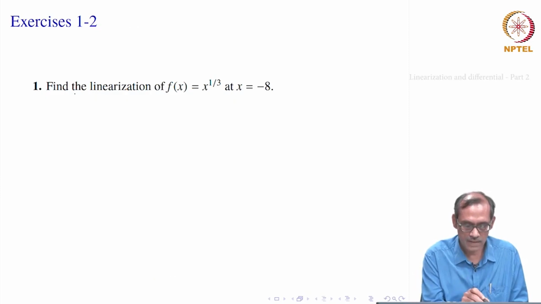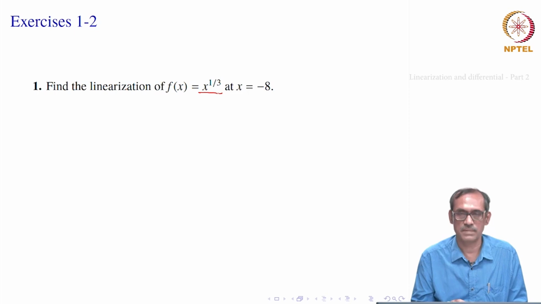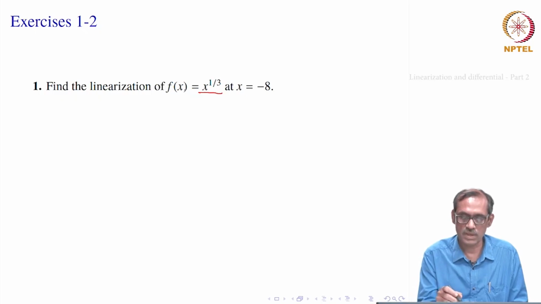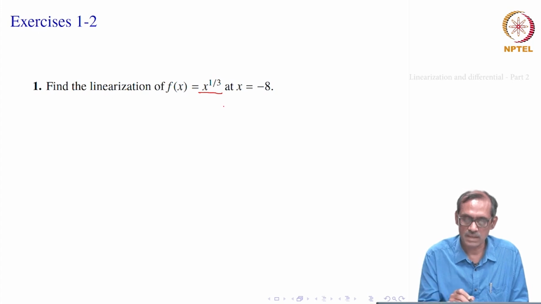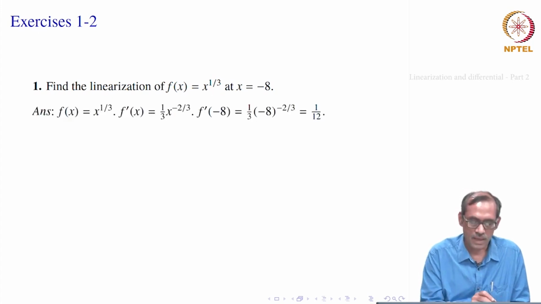We want to find the linearization of the function x to the power 1 by 3 at the point x equal to minus 8. So, what do we do? Of course, we will differentiate and then compute the necessary functional values, f at a, which is minus 8, and f prime at a, which is minus 8, and use the linearization. So, first is f of x equal to x to the power 1 by 3.